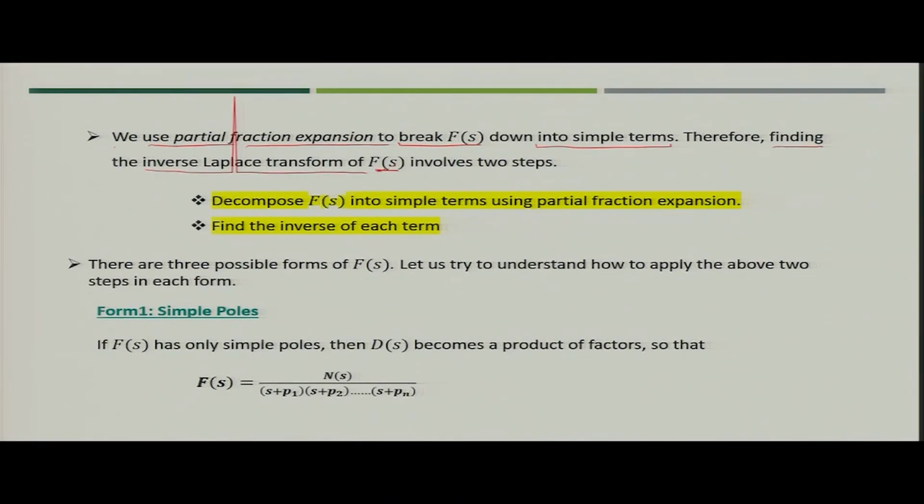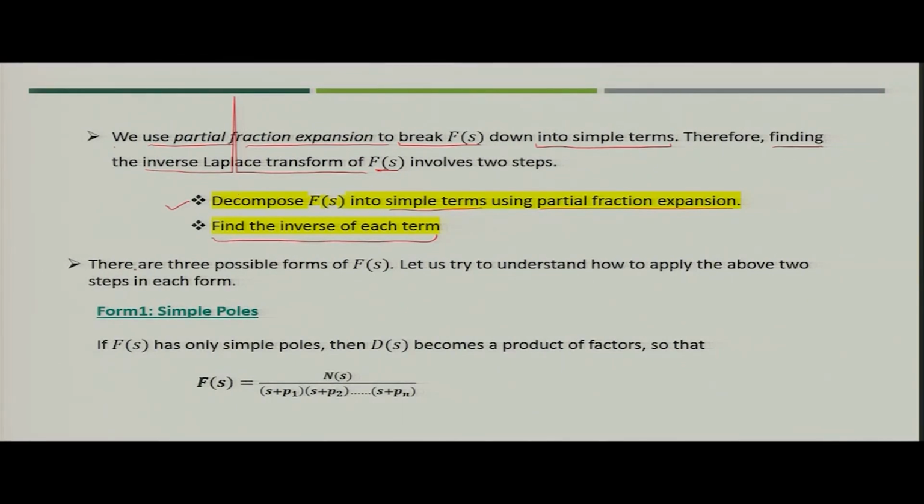So, what steps are involved in the computation of the inverse Laplace transform? We use two steps. First, we decompose the function F(s) into simple terms using partial fraction expansion, and then we find the inverse Laplace transform of each term found in the first step.